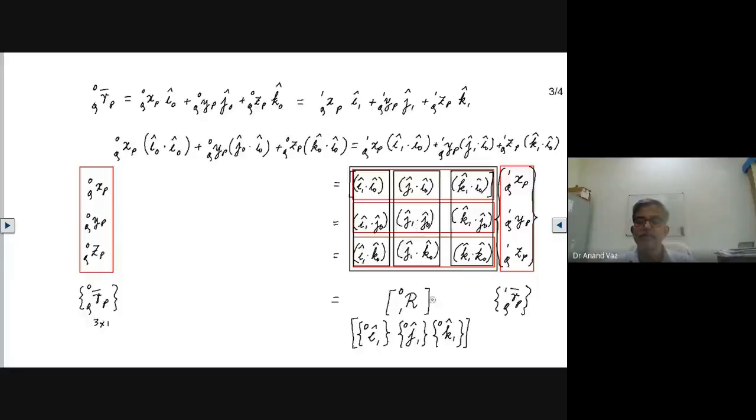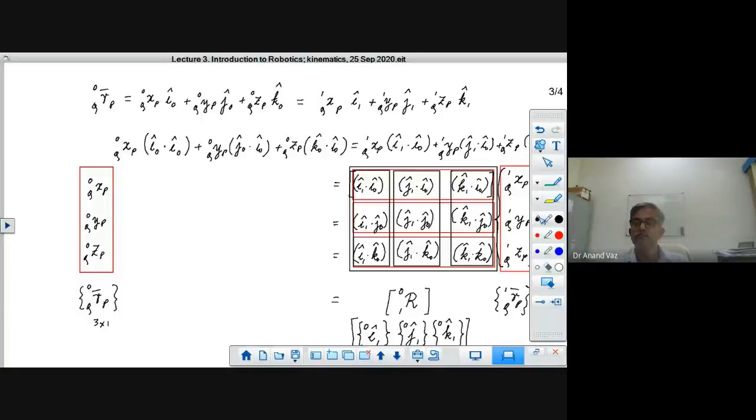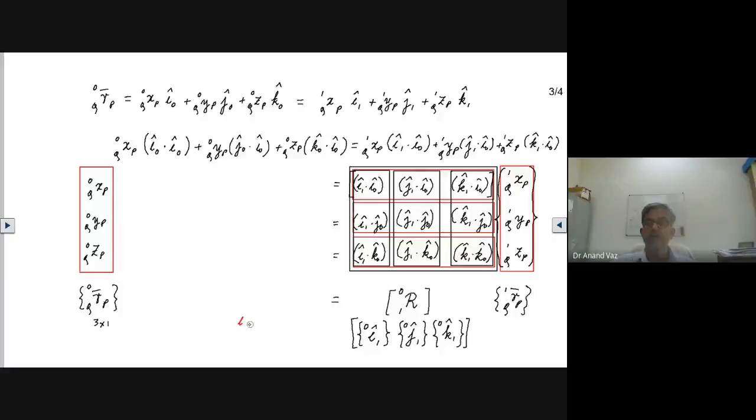So the same thing you can also write as the unit vector I naught represented in terms of frame 1.